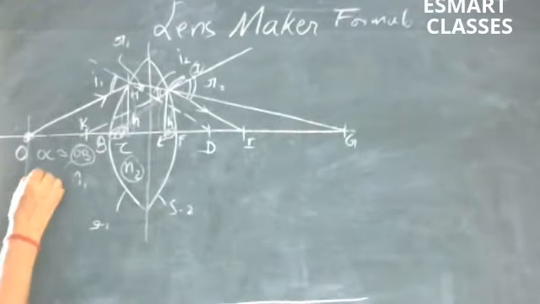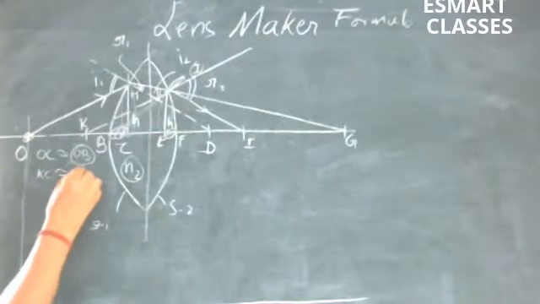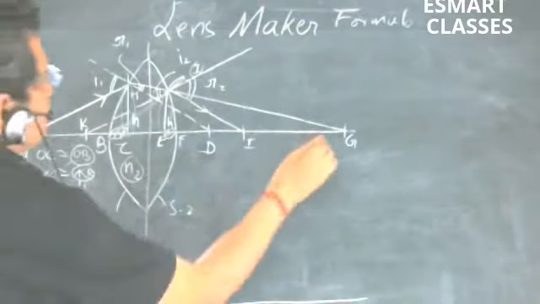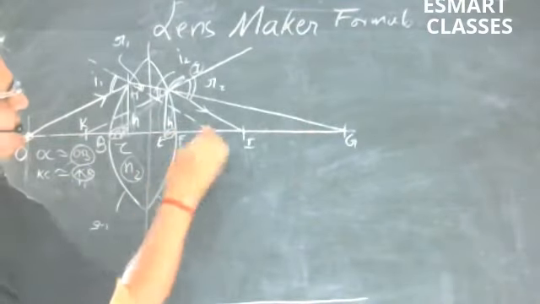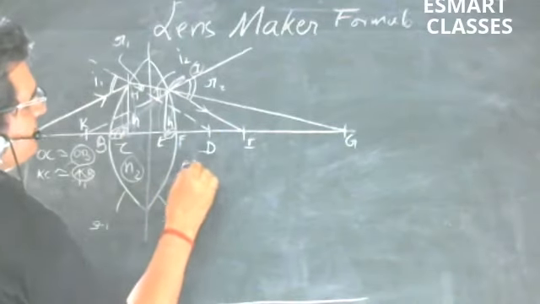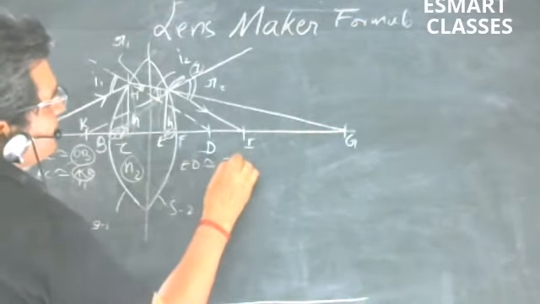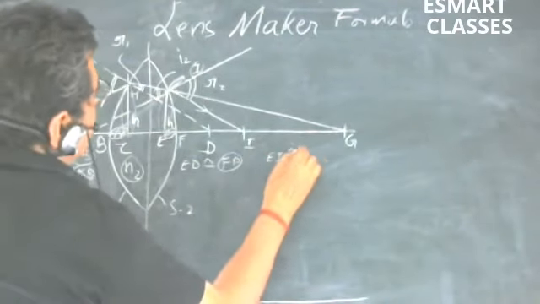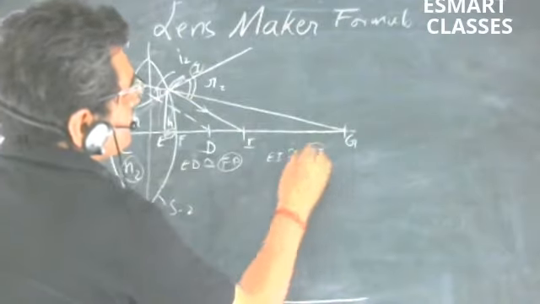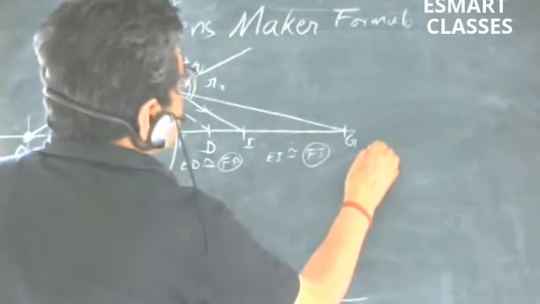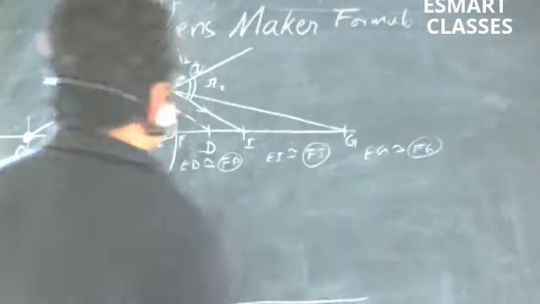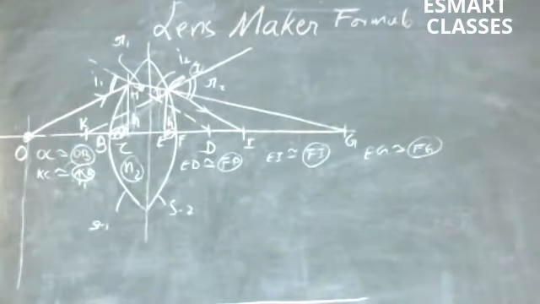Similarly, KC is equal to KB, so I will be using KB instead of KC. Same for this side. Instead of using ED, I will use FD. Instead of using EI, I'll be using FI, and instead of using EG, I'll be using FG. Otherwise, it's very difficult to do the derivation.